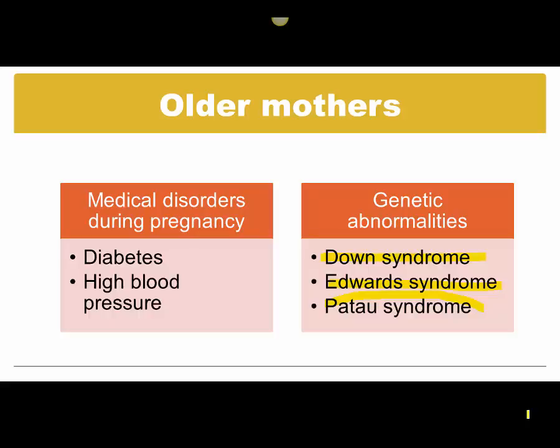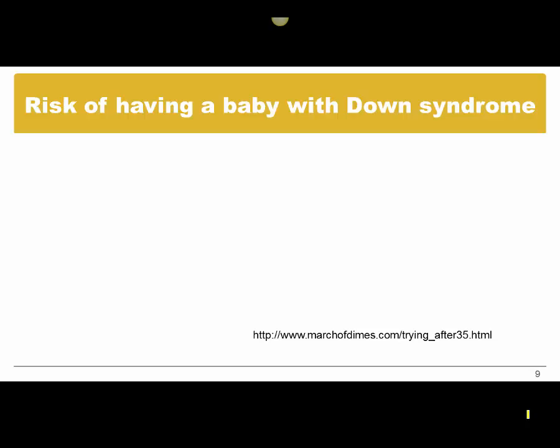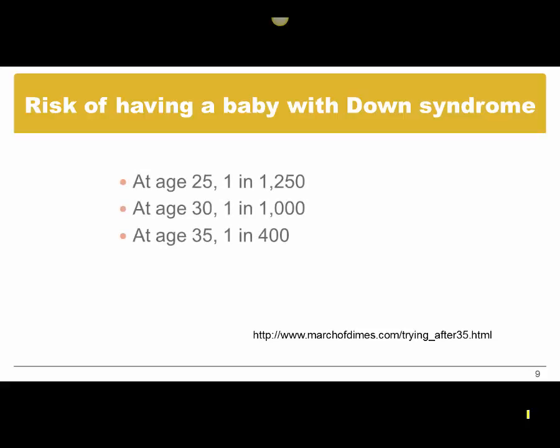To discuss a little bit more about risks and age of the mother, let's talk about Down syndrome. Down syndrome is the most common chromosomal birth defect. The risk of having a baby with Down syndrome is pretty low for young moms.